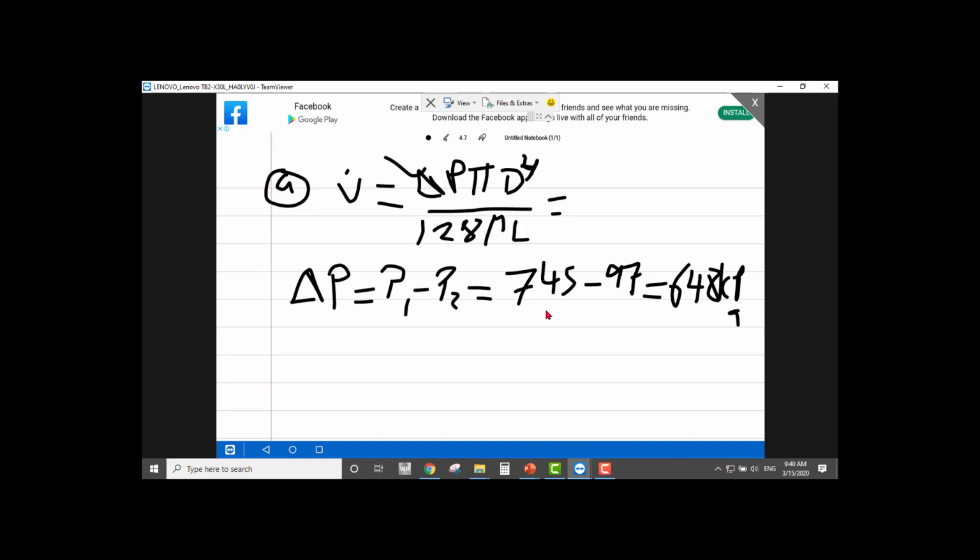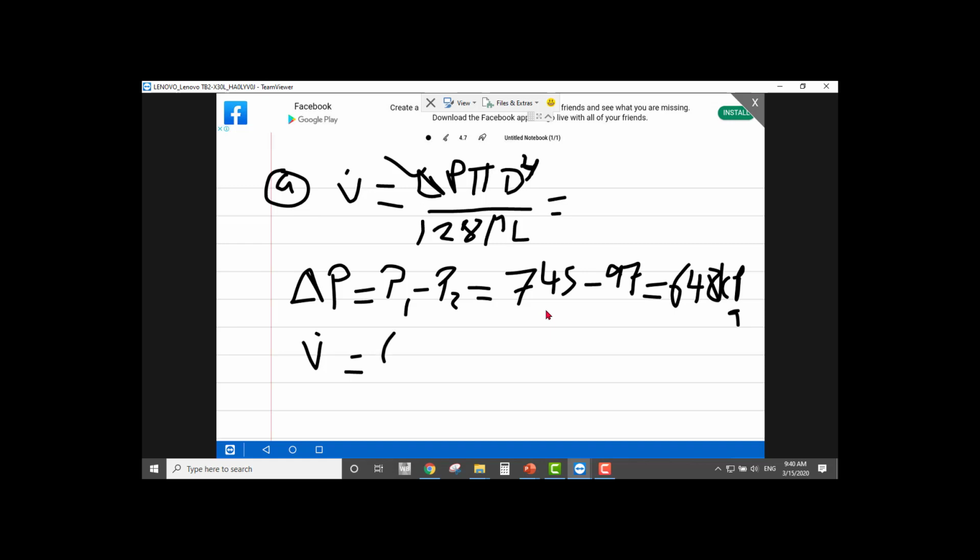Now, also, we need the cross-sectional area. Okay, cross-sectional area. Maybe it's needed. So let us calculate the cross-sectional area. Or do you know, I'll leave it. No problem. So V dot equal delta P 648.